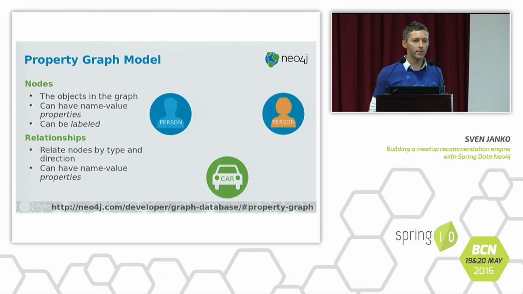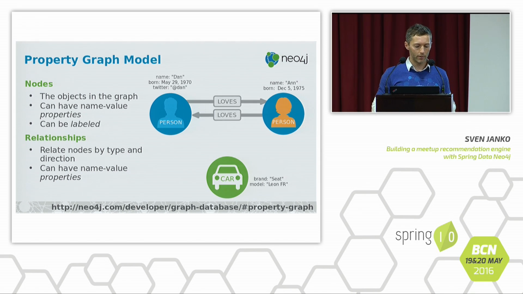That is 2 persons and 1 car. And as I said before, those nodes, of course, are connected. Those connections between the nodes, we call them relationships. And those are another building block of the property graph model.